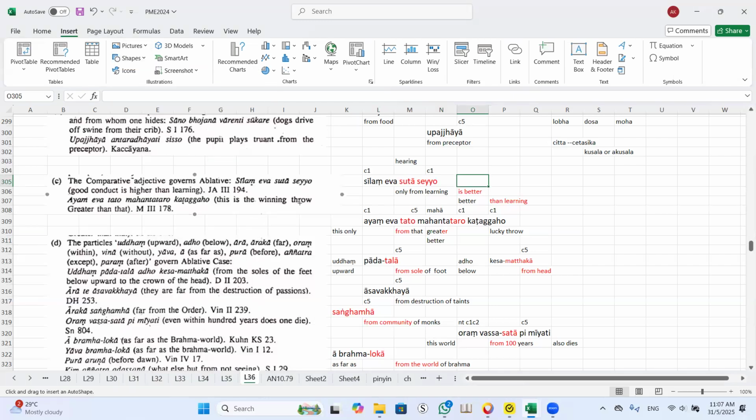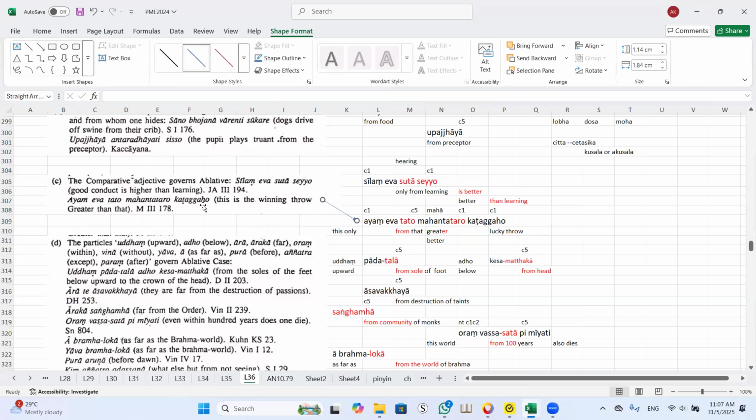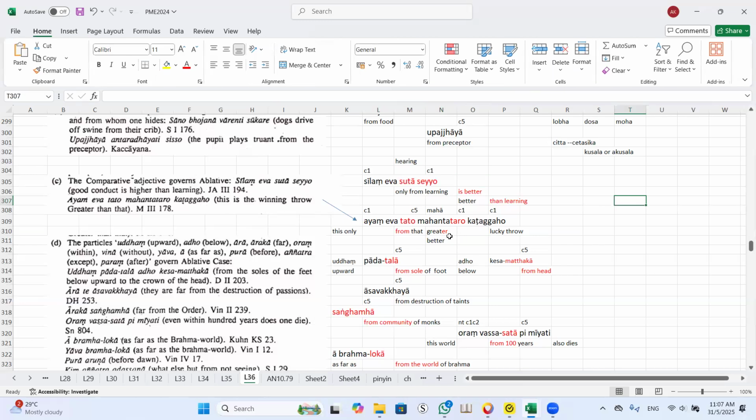Then it is a bit difficult to really take up the whole message. I think this is the winning throw greater than that. This I think is not complete. So our translation cannot be constructed properly, due to it being incomplete. Even here also it is not complete. This is a winning throw greater than that.